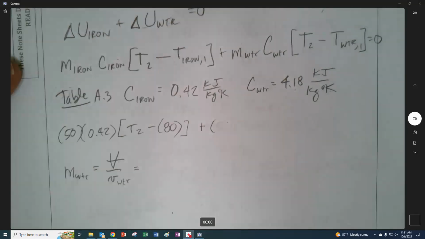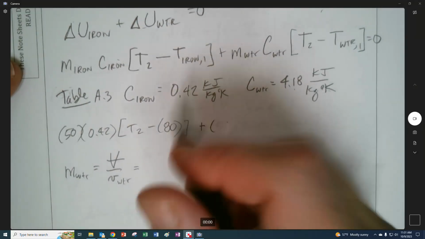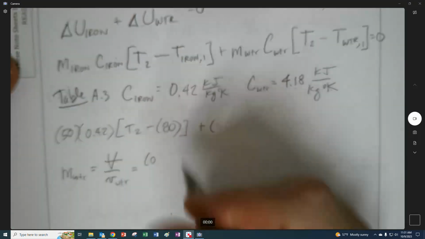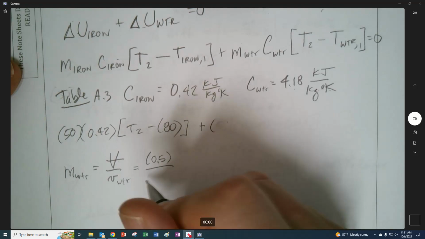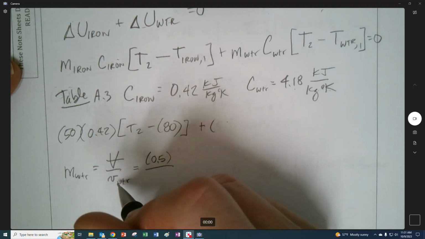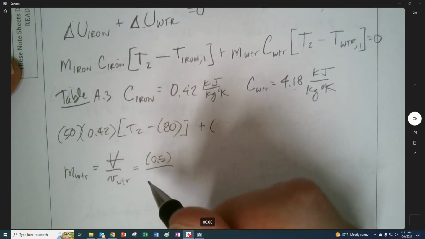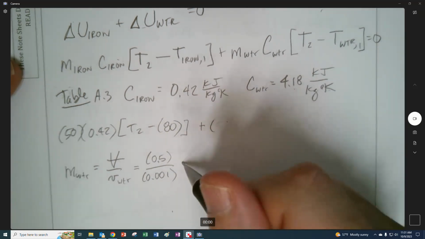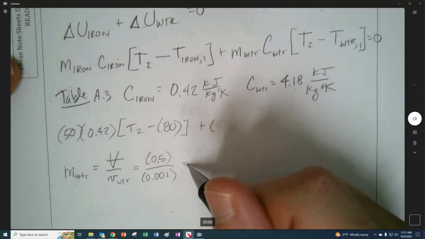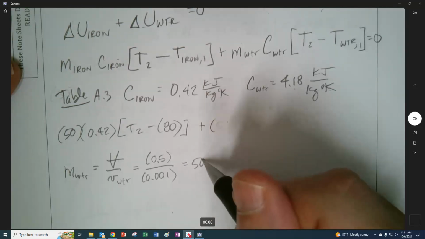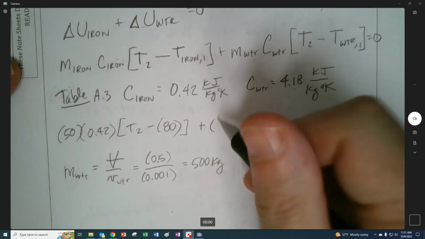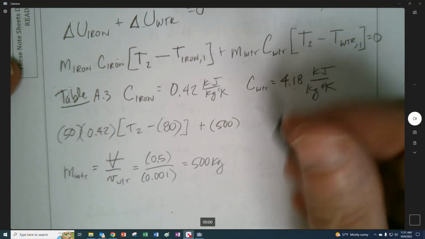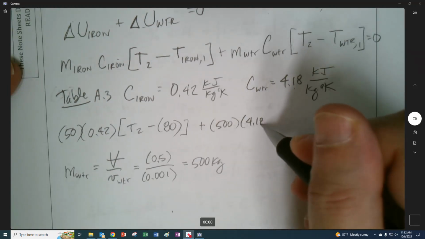Other books get all crazy about this, but anyway, this is supposed to be 0.5 cubic meters, and it's the inverse of the density, which is 1,000, so you need a 0.001. It's very close. So I get 500 kilograms. That's why I started writing 500 up in here, the mass of the water, and 4.18.